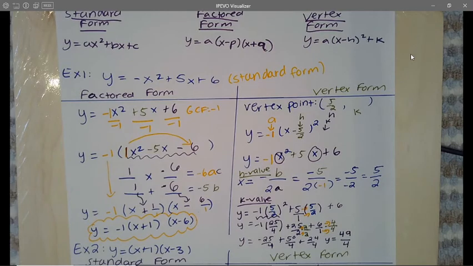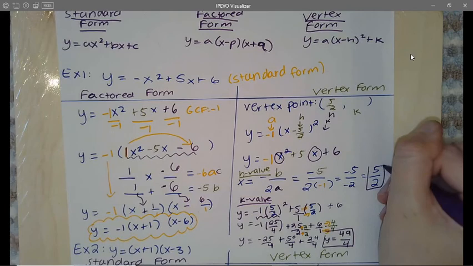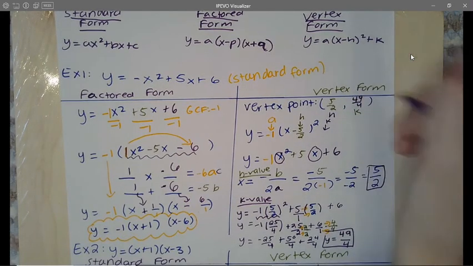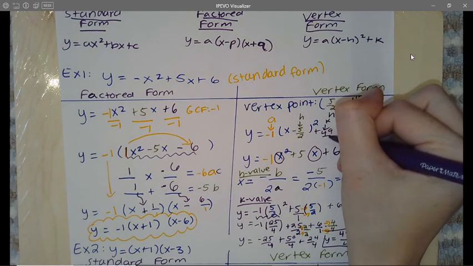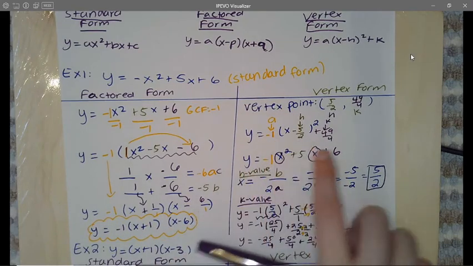Okay, so my y value, which is technically my k value, is 49 over 4. So for the end of my vertex form, it's going to be plus 49 over 4. Okay, which I know that kind of looks a little weird because it's all wavy.